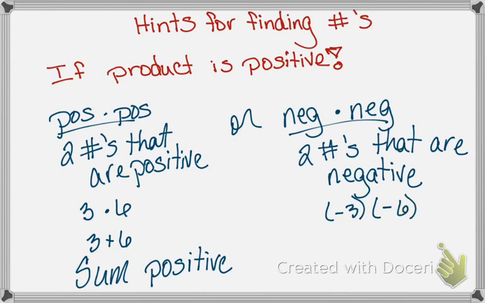When I multiply -3 times -6, what kind of number do I get? A positive number. When I add -3 and -6, what kind of sum do I get? A negative sum. So in this situation, my sum is negative.